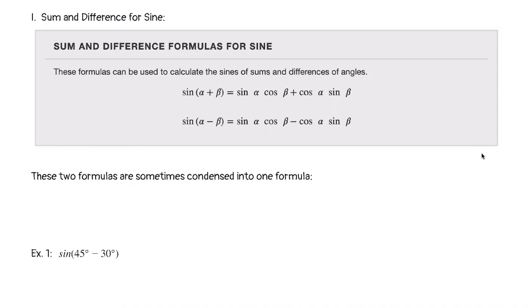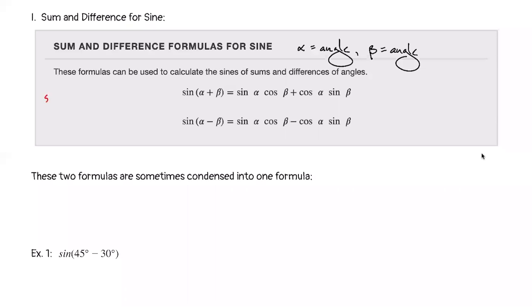But when you have sine of alpha plus beta, okay, so alpha is just an angle, and beta is another angle. And so if you have two angles that you want to find the sine of when you add them together, you don't just do this.